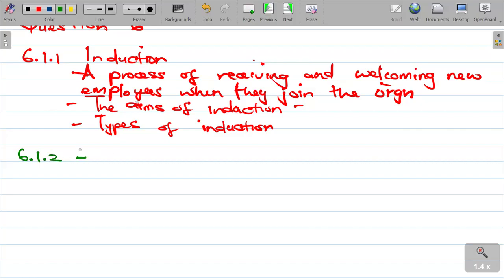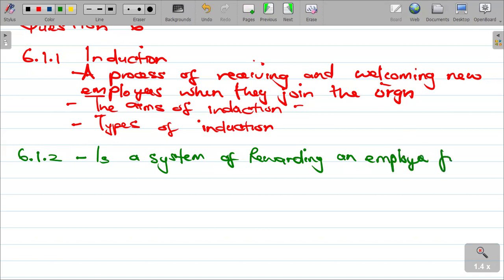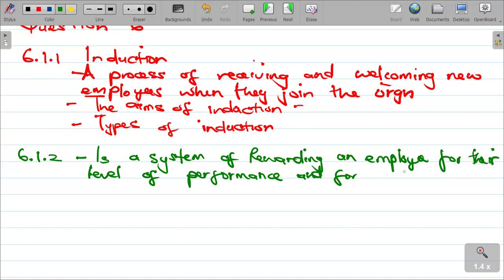It's a system of rewarding an employee for their level of performance and for the level of their job, within an organization.